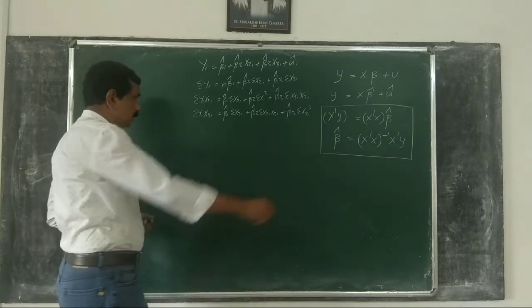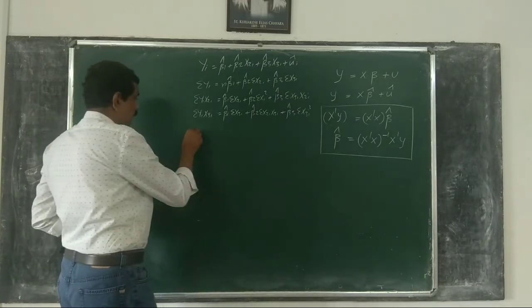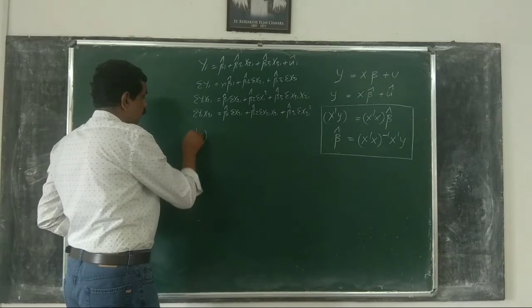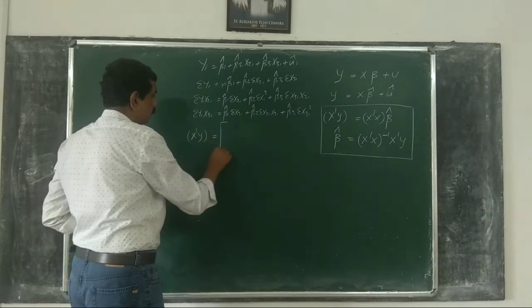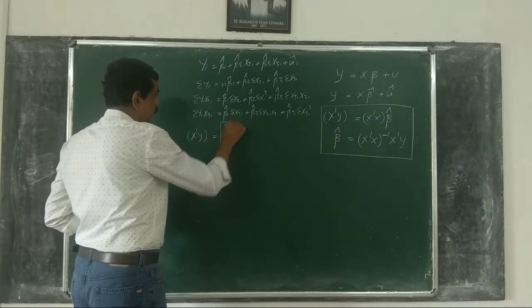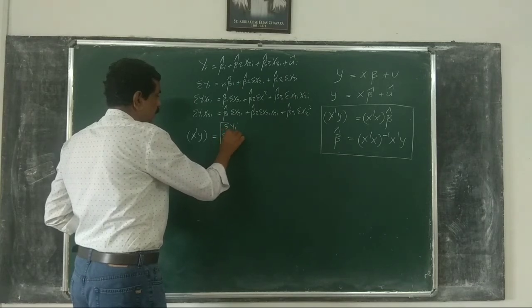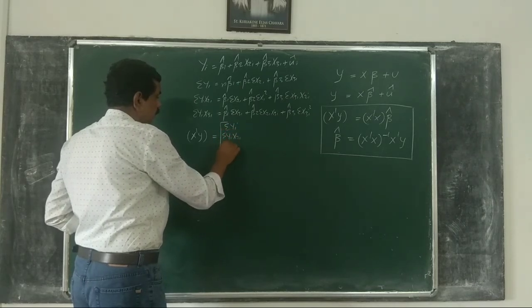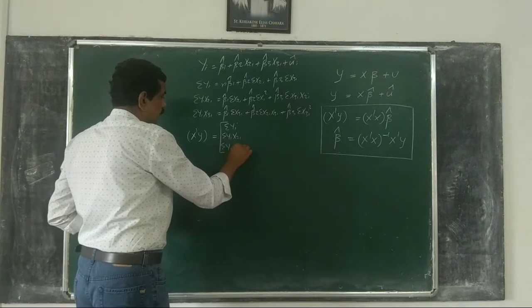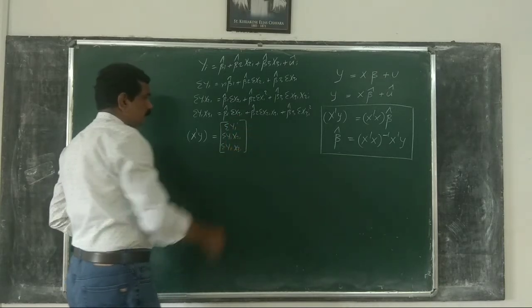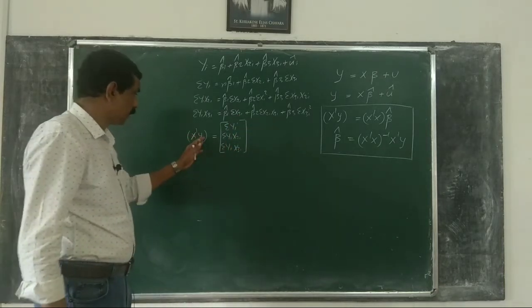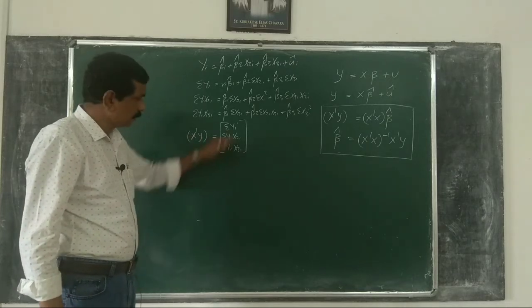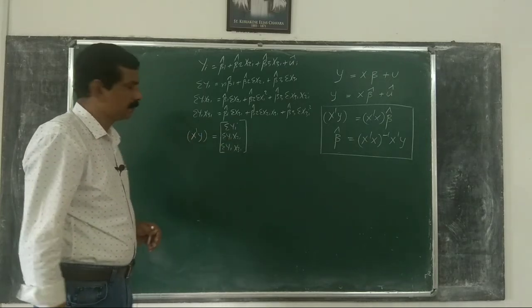Now as you can see, X transpose y for the three-variable model is sigma Yi, sigma Yi X2i, sigma Yi X3i. You can practice it by multiplying y with the X transpose. You will get this vector.